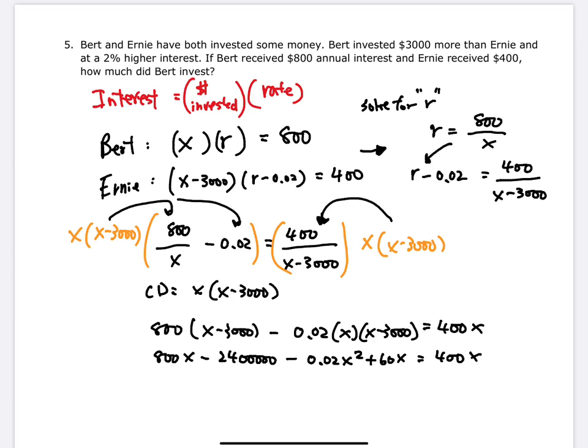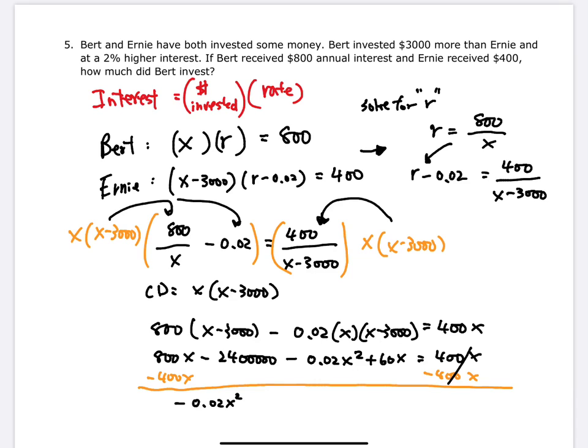Okay. Clean everything up. I'm just gonna go ahead and move everything to the left. So I'm going to minus 400x on both sides. What you're gonna end up getting is the negative 0.02x squared.